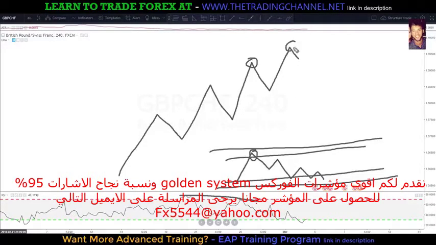When this happens, we look over here and we say, is this high higher than the previous high? If the answer to that question is yes, we look down here on the RSI indicator. And what we look for here is, is this next high on the RSI indicator lower than the previous high up here? If the answer to that question is yes, then we have what is known as bearish RSI divergence.